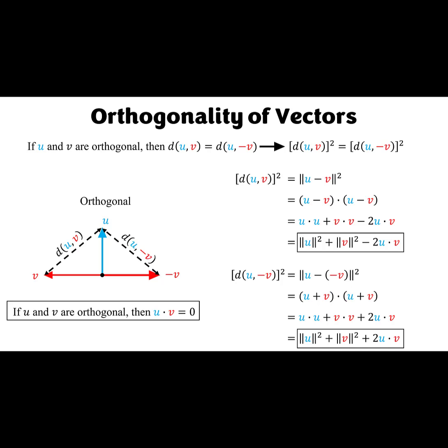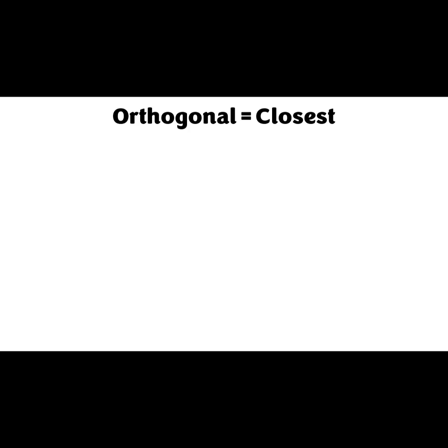So the only way for those two distances squared to be equivalent is that if u dot v is 0. If u dot v was not 0, then those two squared distances would be different, because you have minus 2 times that dot product for one calculation and plus 2 times that dot product for the other calculation, and they'd be different. Now, orthogonality is important because it has this idea of closeness associated with it.